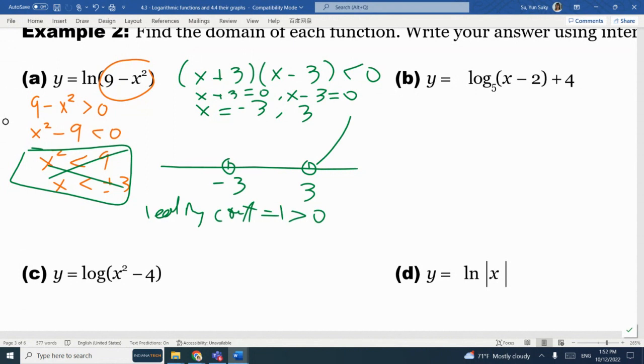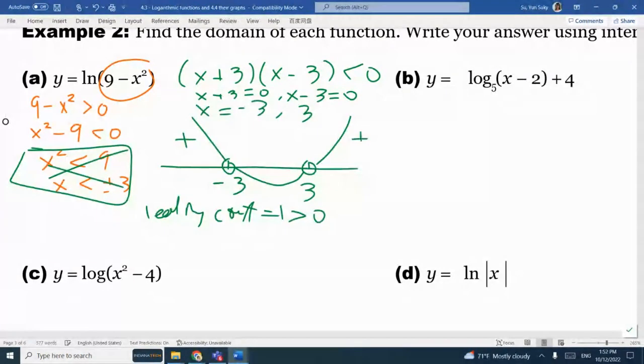The 3 corresponds to the factor x minus 3. What's the multiplicity? 1. The exponent of the factor is 1, which is odd, so we cross. How about here? Cross again.